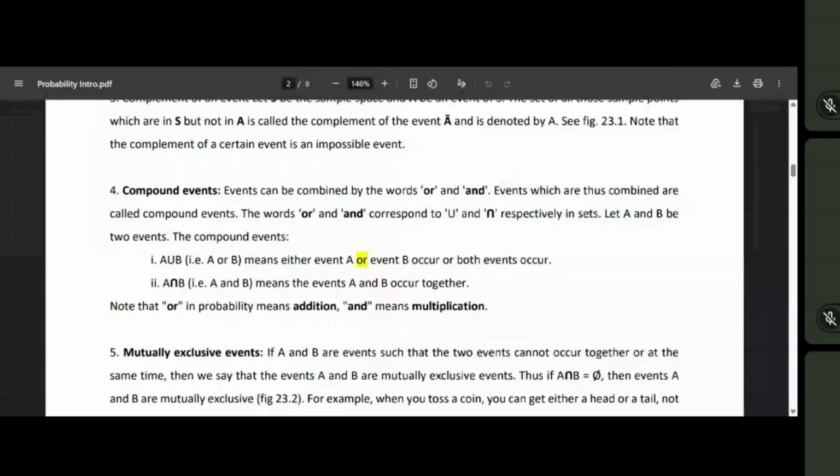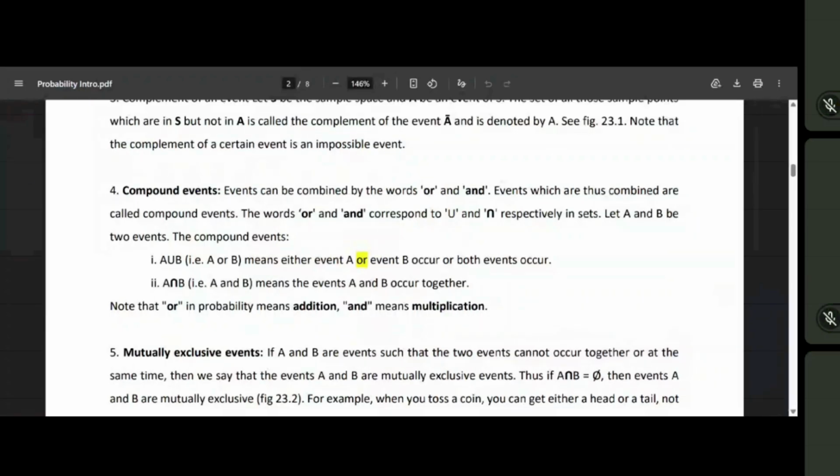But when you see intersection, A intersection B, you are multiplying. So, once again, the word or, union, they tell you are adding.